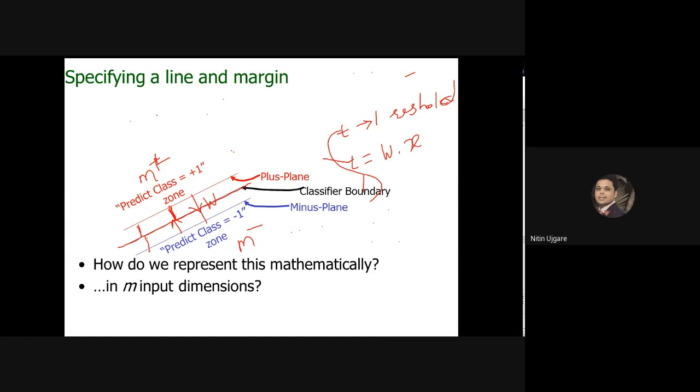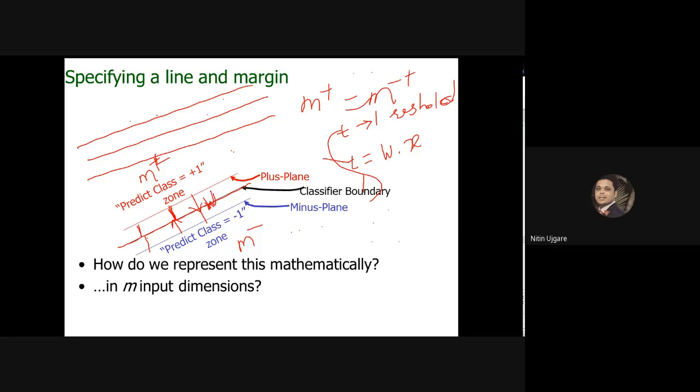We want the parallel lines to this decision boundary to be equidistant. If this is my decision boundary, then the margin to this decision boundary should be equidistant. So to make m plus equal to m minus, the SVM tries to adjust this weight vector w.